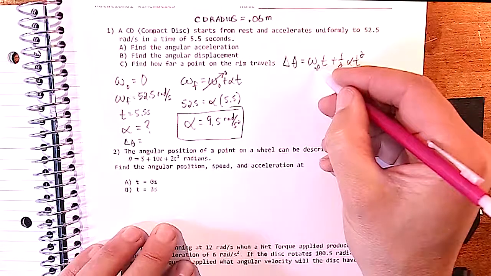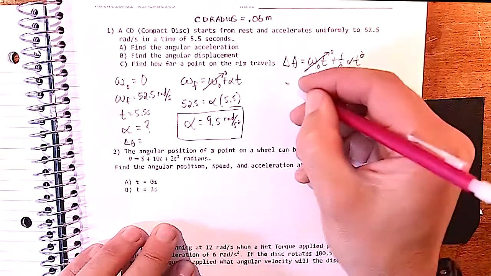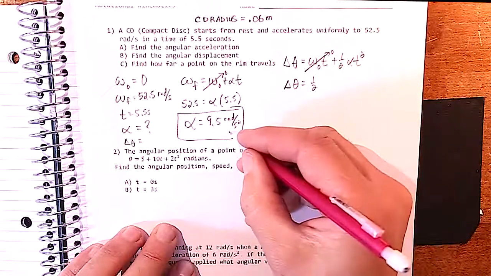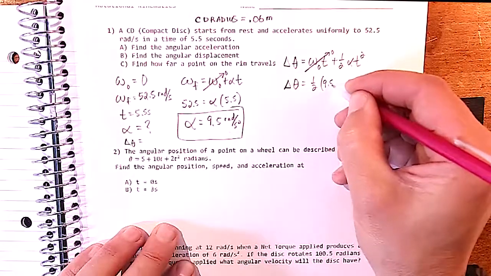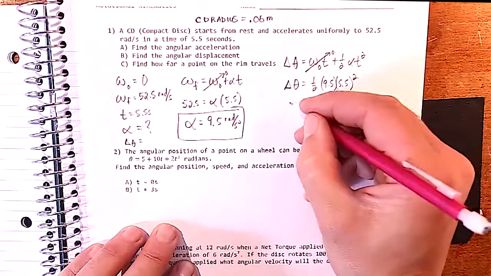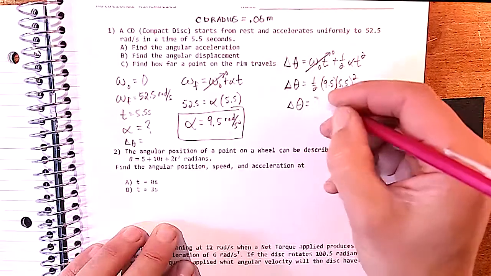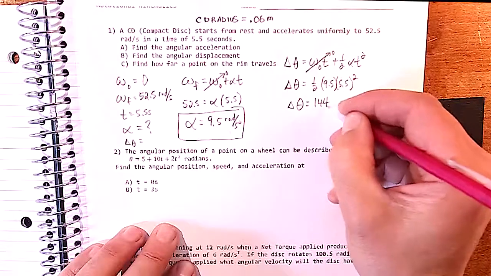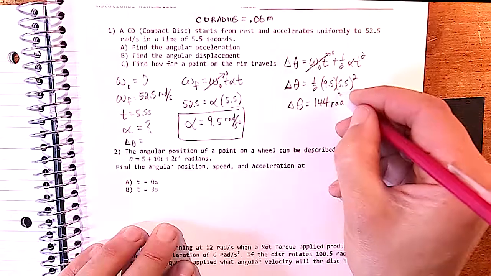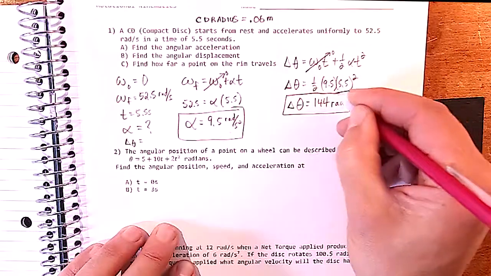We know the initial angular velocity is 0, so that drops out to 0. And we have 1/2 our new alpha, which is 9.5, times our 5.5 squared. And when you do that, you end up with 144 what? Radians, because that is an angular displacement.